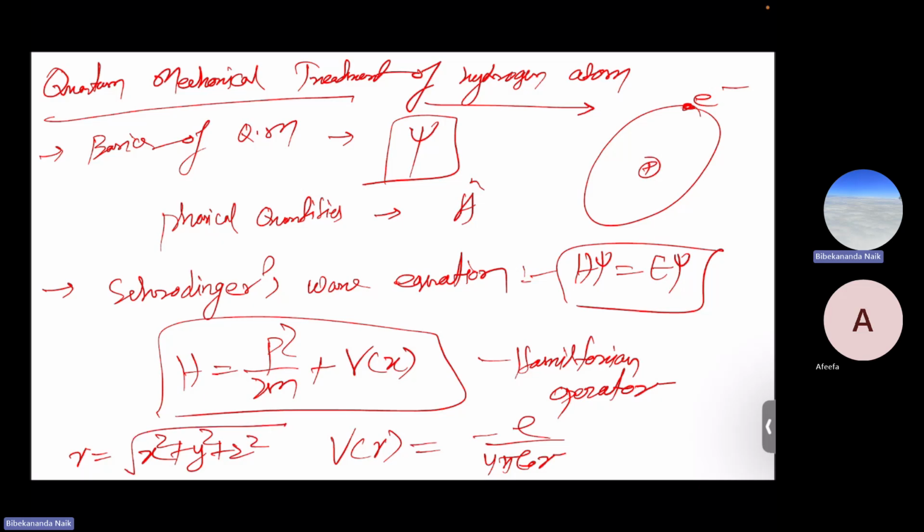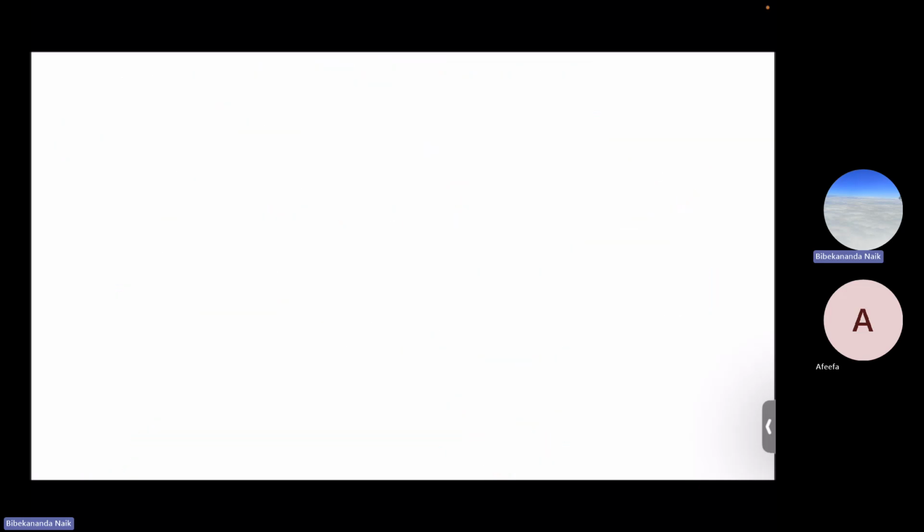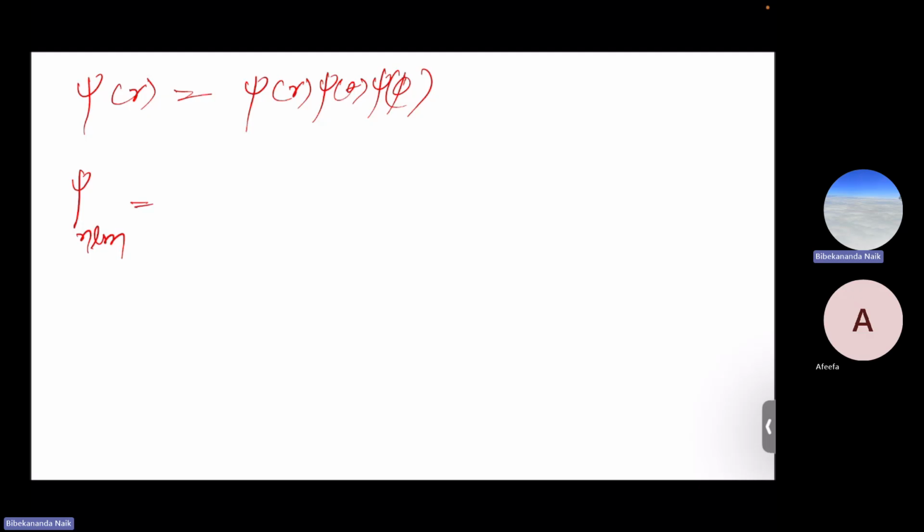Then we solved the Schrödinger equation as psi of r, theta, phi independently, because it would be difficult to solve in Cartesian coordinates. Then we got the wave function solutions as psi nlm.